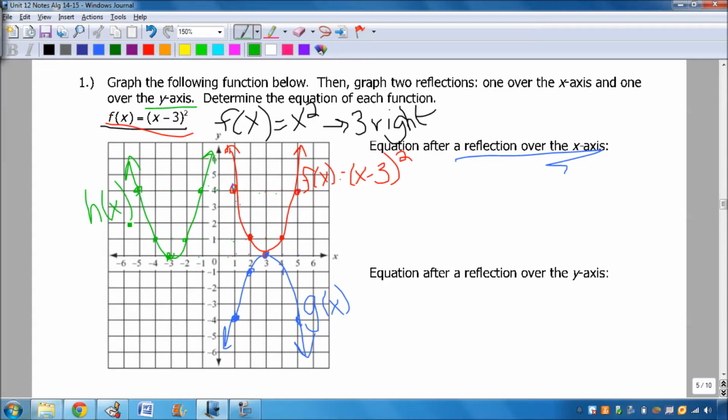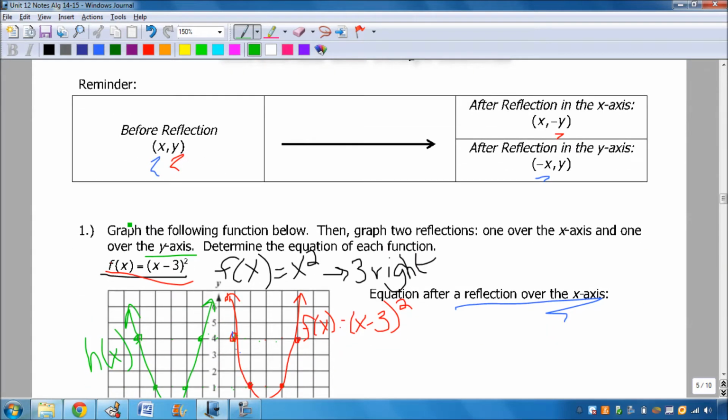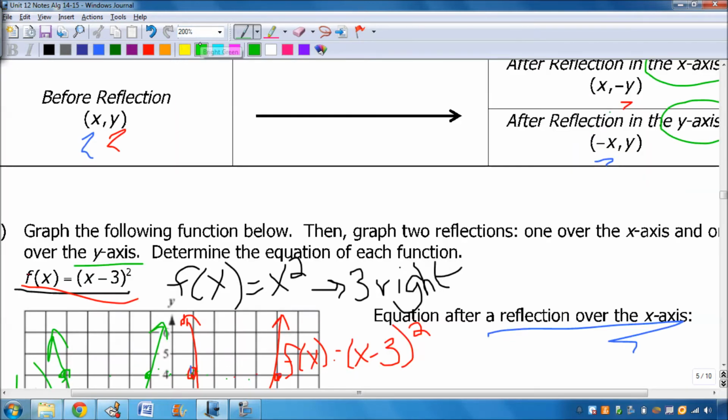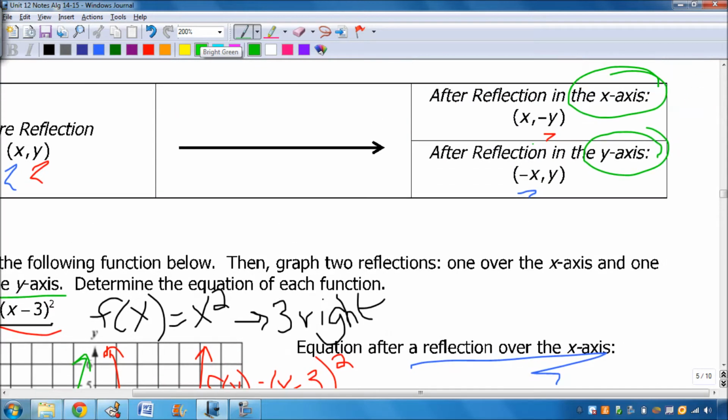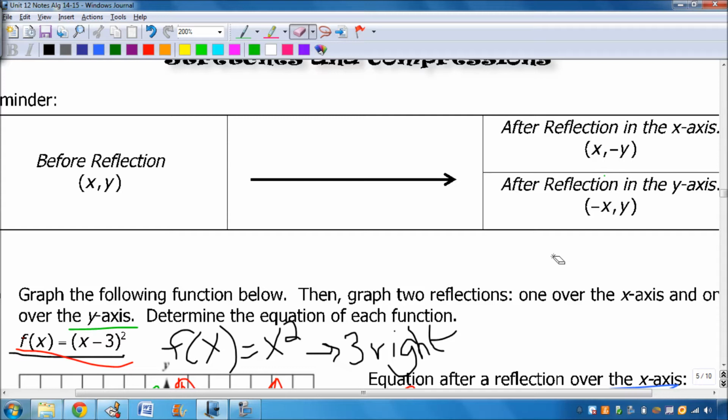Now, what is the equation? Remember, we learned that if you reflect in the x-axis, the y value changes, and if you reflect in the y-axis, the x value changes. You guys know how we write these coordinates with function notation. We don't say x comma y, what we really say is x comma f of x.